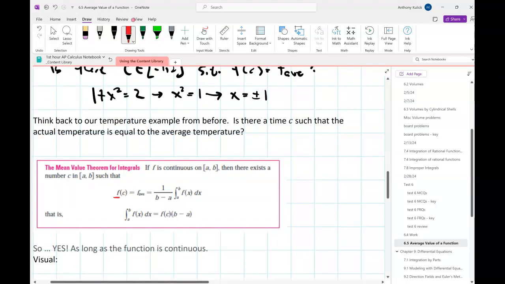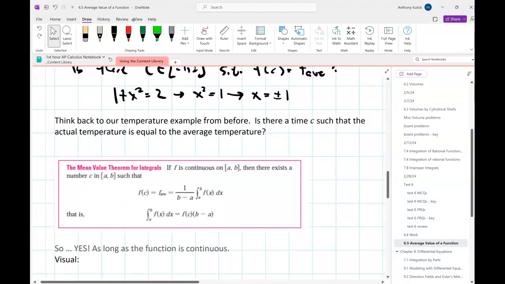So again, is there an f of C that's equal to f average? In other words, is there some C where the integral of f of x is equal to the area of the rectangle whose height is f of C and whose width is the interval that you're integrating over? And the answer to this is always yes, provided that your f of x is continuous.